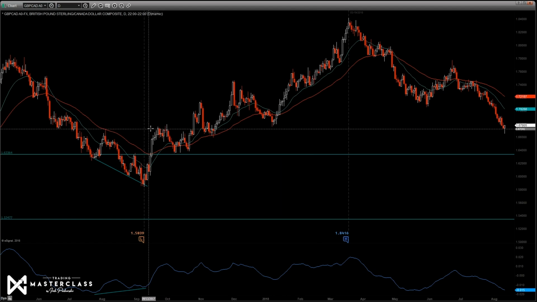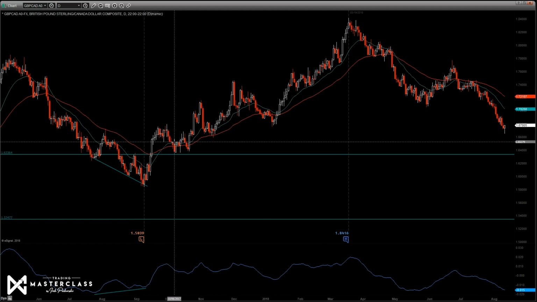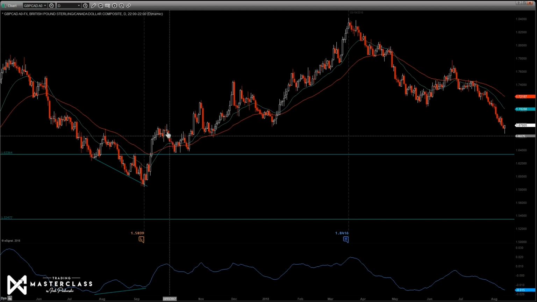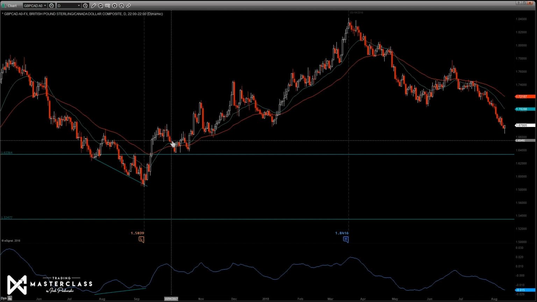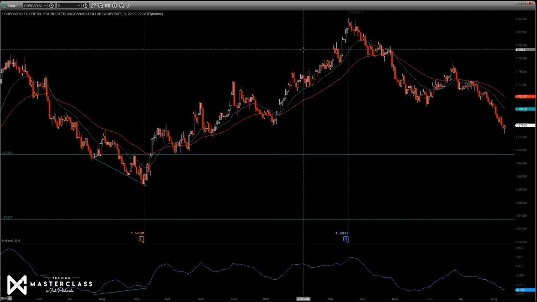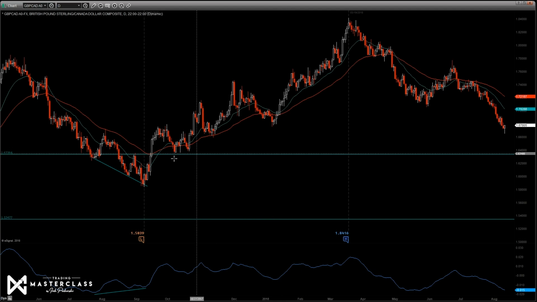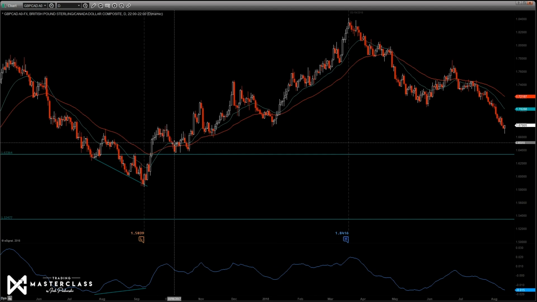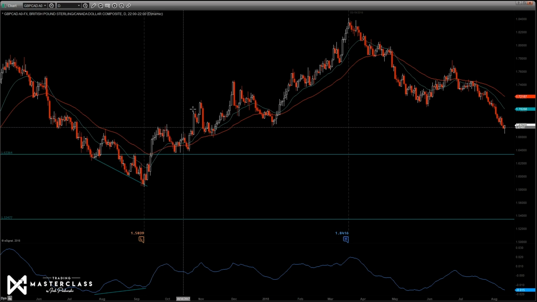When you're trading against the trend, you're going to have to be more aware, more cautious, because there's more risk with trading against the trend, because the trend is bullish. The overall pressure, the overall momentum of the market is bullish, right? So trading against that is a little bit risky, but there are still ways to do it. It's all in management, right? So that's what we're going to be focusing on.